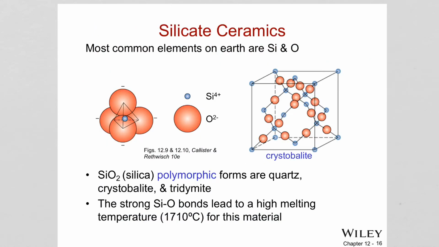So remember, ceramics are like oxides, silicates, nitrides. So we have seen oxides, some chlorides, and now there are the silicates. These are composed of silicon and oxygen, the two most abundant elements in Earth's crust.